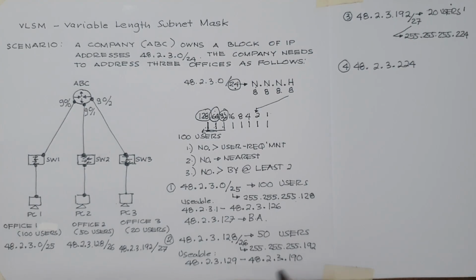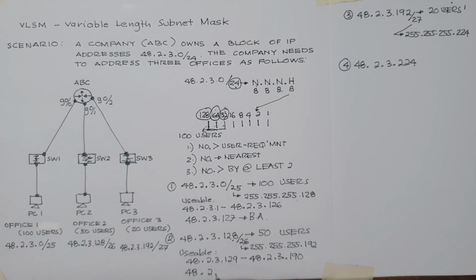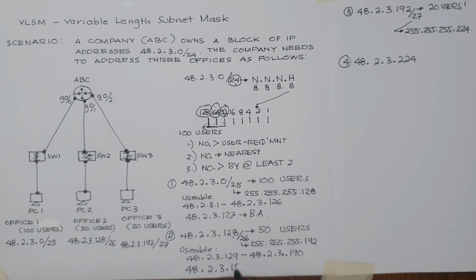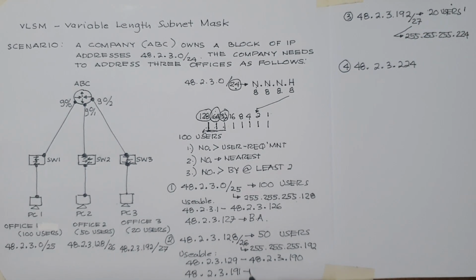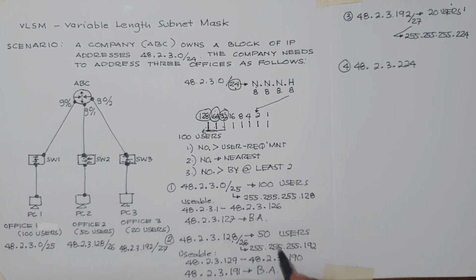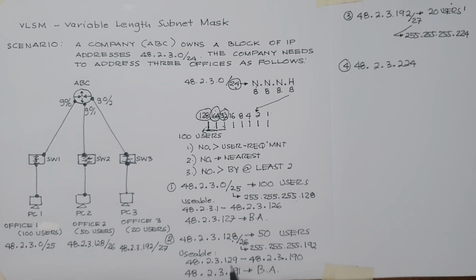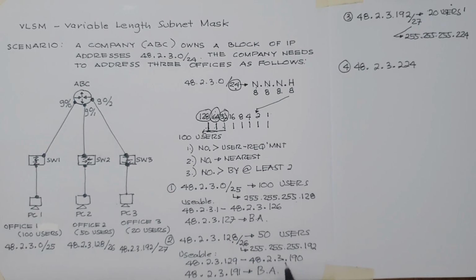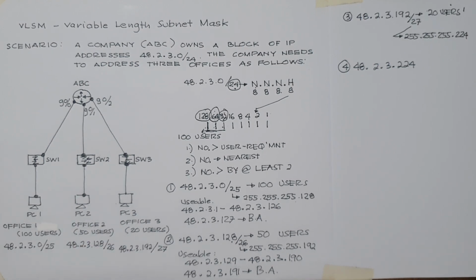And the last one, 48.2.3.191, this IP before the next network is the broadcast address for this subnet. So we can use 3.129 up to 3.190 to support the 50 users here.